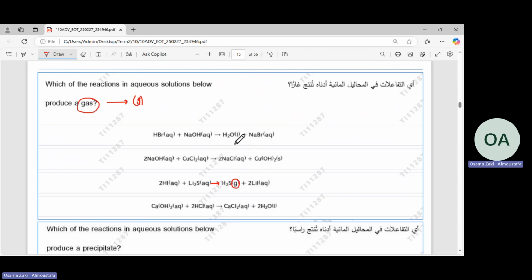Here we have water, and here we have the precipitate, which is solid. So we have g for gas. We have s for solid, or we say precipitate. And we have l, which is H2O, by the way, which is liquid.